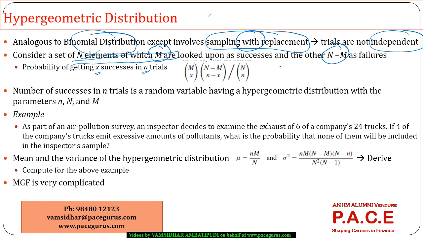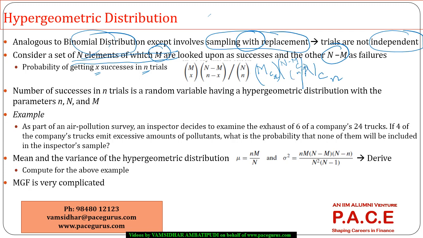So overall, out of the capital N elements that are there, I am picking some small n elements, which can be picked in NCn ways. And now regarding the successes, there are a total of M successes, out of which I am getting x successes in my trial, and out of the remaining N minus M which are failures, I am getting n minus x failures.